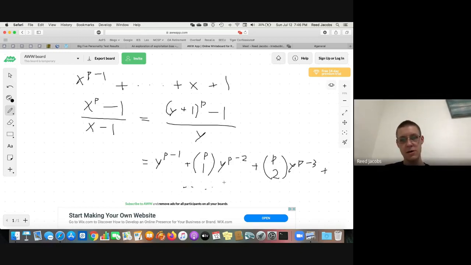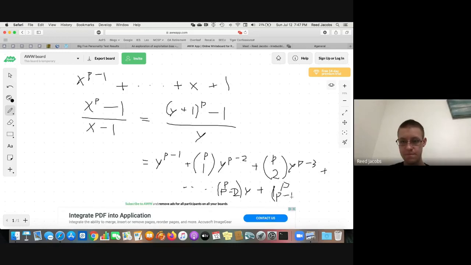We keep on going until we get down to p choose p minus 2 times y, and then the last term is p choose p minus 1. Because of the binomial theorem, this term, p choose p minus 1, is where y comes from, and then we divide by y and we get that.